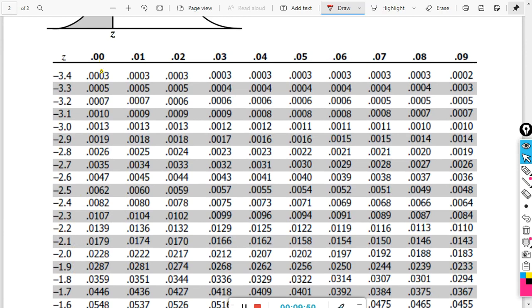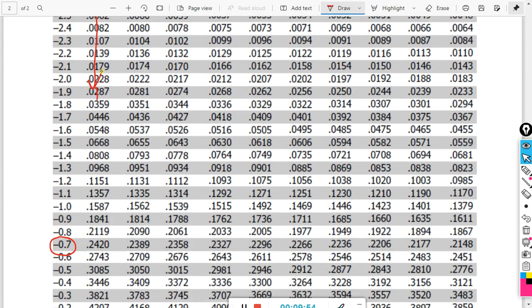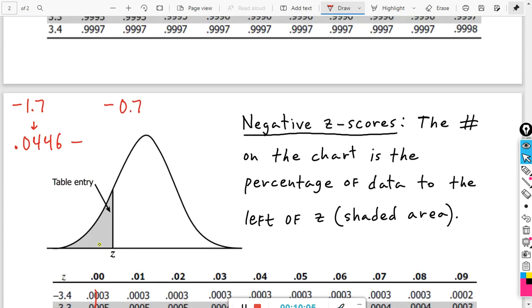All right, so we're just going down this column right here. All right, so that's 0.2420. Okay, that's the area to the left. 0.2420.